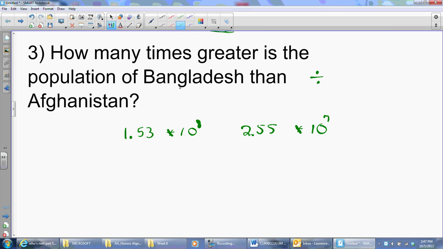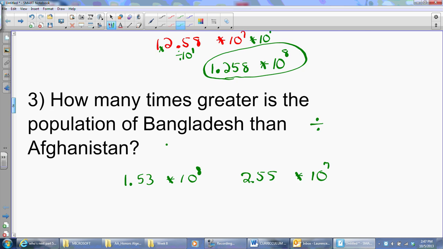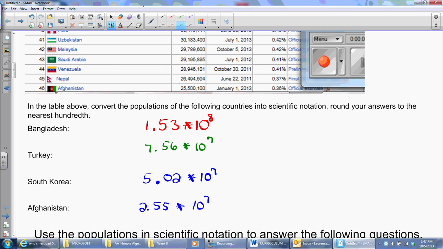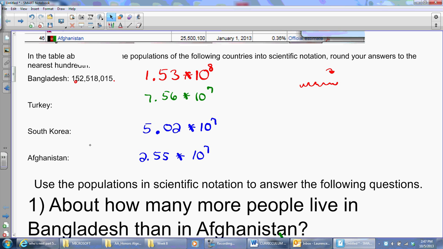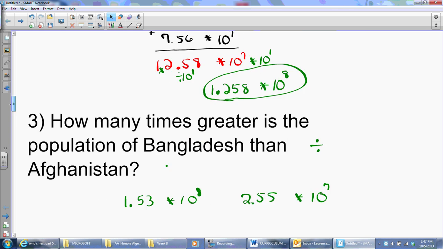Now, it's kind of weird to see with these decimals, but when I went back up and look at, say, this number here, I've got about 152 million, excuse me. And for Afghanistan, I have about 25 million. I'm thinking it's going to be about 6 times bigger. That's what I'm thinking. But let's see what happens.